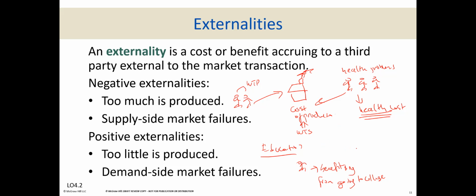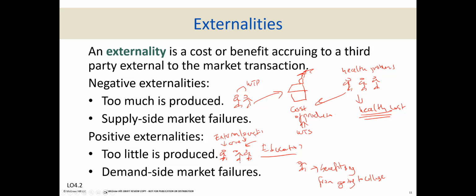But there is another external effect of education that affects other people. They are not part of the college, they are not students, or they are not part of the educational system, which is actually this external benefit: when the education level increases, crime rates are decreasing. So crime rates are decreasing.